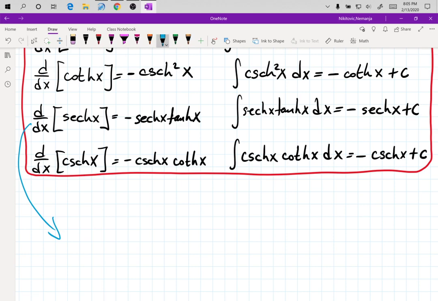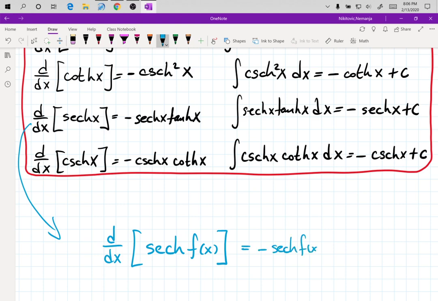Sorry, secant hyperbolic. If you have the derivative of secant hyperbolic of f of x, so now it's secant hyperbolic of x squared, secant hyperbolic of square root of x, secant hyperbolic of ln x, so secant hyperbolic of some function, not just x. That's going to be negative secant hyperbolic f of x tangent hyperbolic f of x times f prime of x, because that's your chain rule.